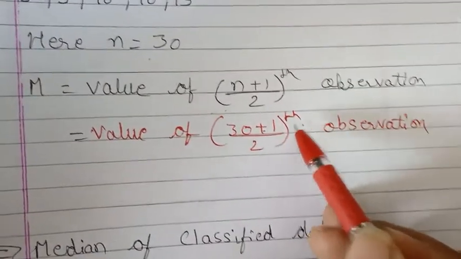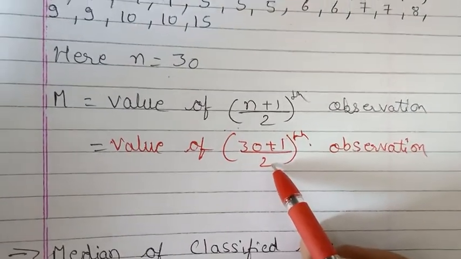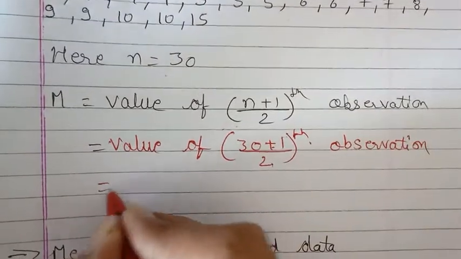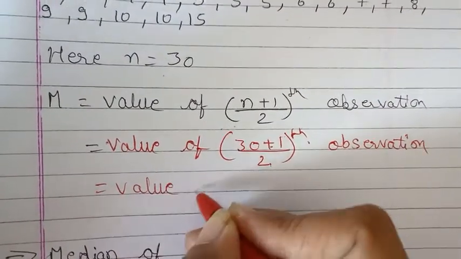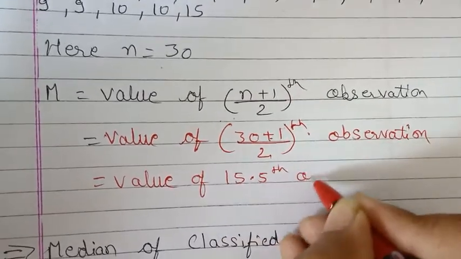Now 30 plus 1 is 31 and 31 divided by 2 is 15.5. So I'll write down the value of 15.5th observation.